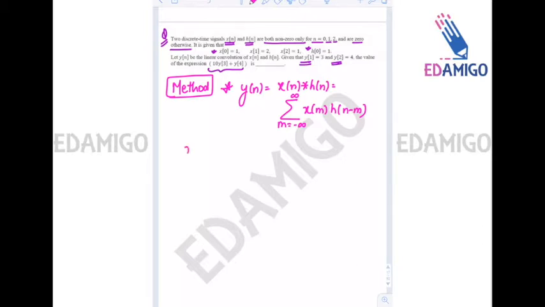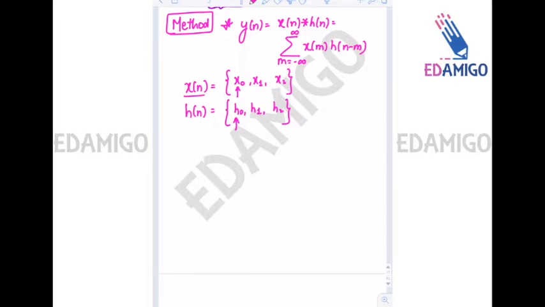So we have x[n], which is x0, that is at 0 location, x1, x2. h[n] is also like this, h0, h1, h2. Now for convolving these two, we will write them like this. x0 will be a number, x1 will be a number, x2 will be a number.